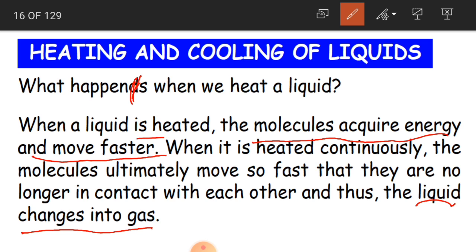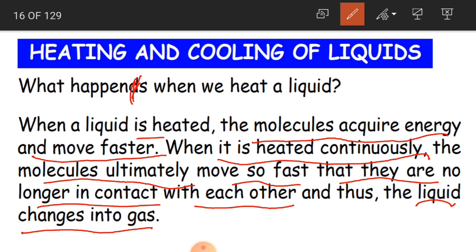When you get more energy, you can work faster, you can work more actively. The same happens here. They are going to move fast, and when it is heated continuously, the molecules ultimately move so fast that they are no longer in contact with each other.